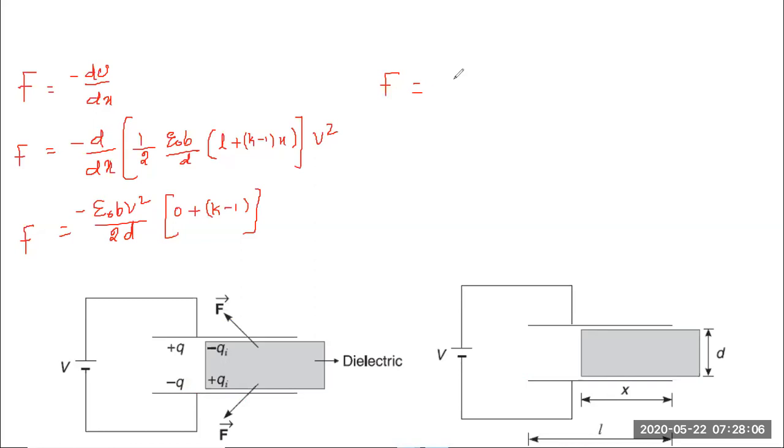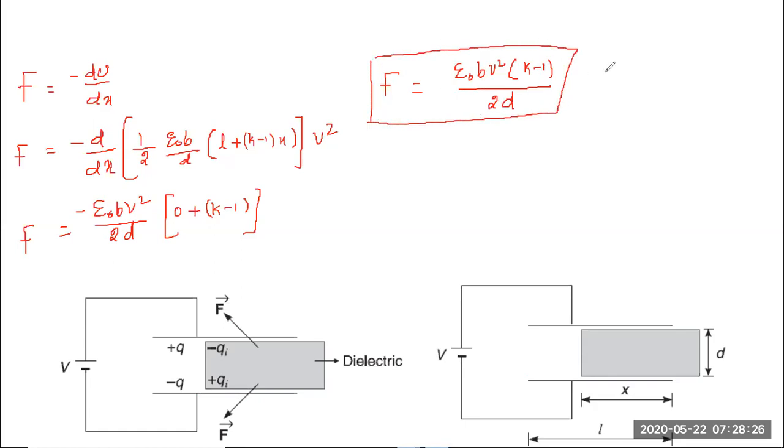Finally, after simplification, you are going to write the force as epsilon naught B V square into K minus 1 divided by 2D. That's it, students. This is the force acting on the dielectric between the plates of the capacitor. And because of this force, the dielectric starts oscillating.